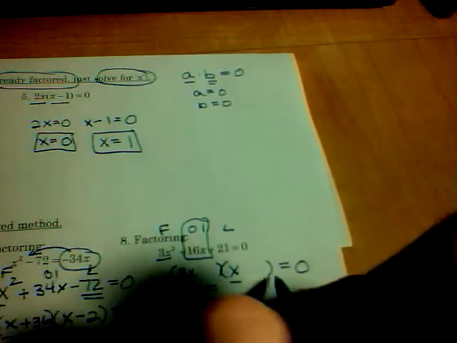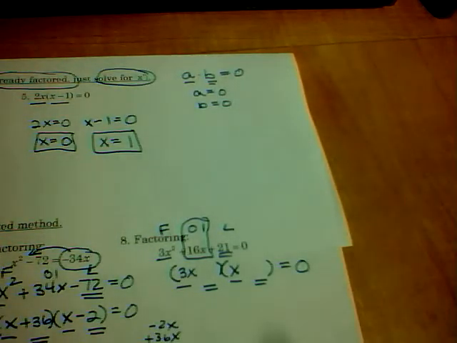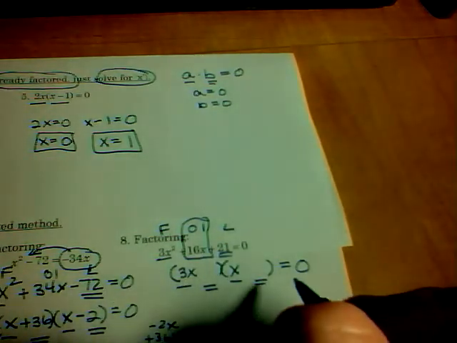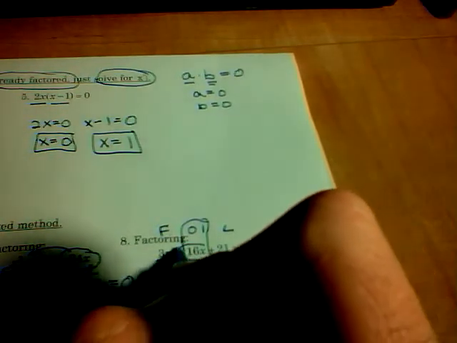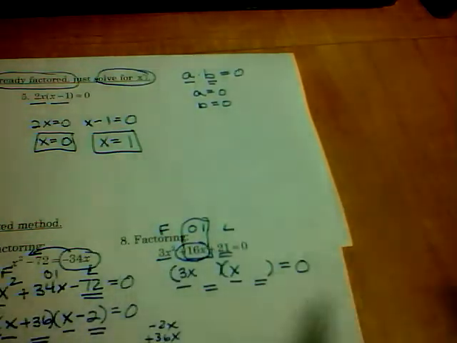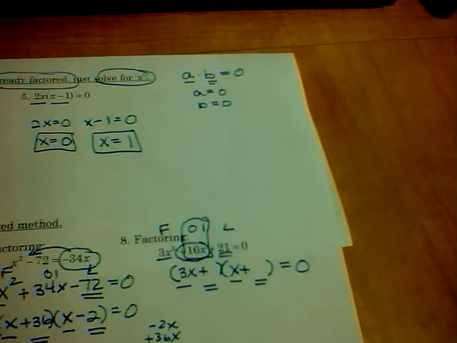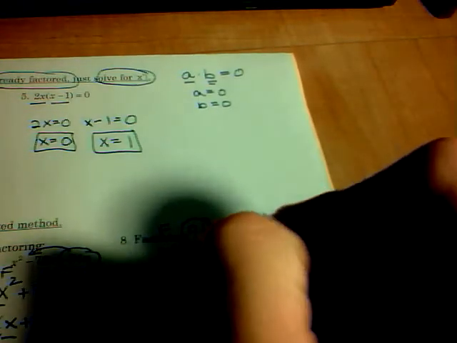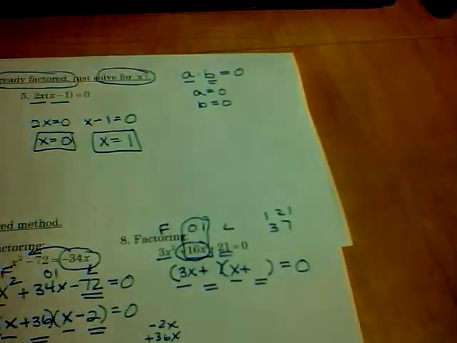We know the last term times the last term has to get you the last term here, which in this case is positive 21. In order to get a positive, you would need 2 positives or 2 negatives, but since this middle term here is positive, our signs are both going to need to be positive. So now we need factors of 21. Factors of 21 would be 1 and 21, or 3 and 7.